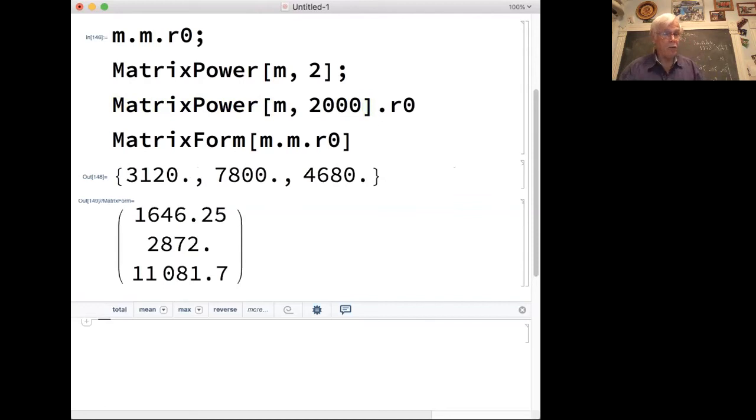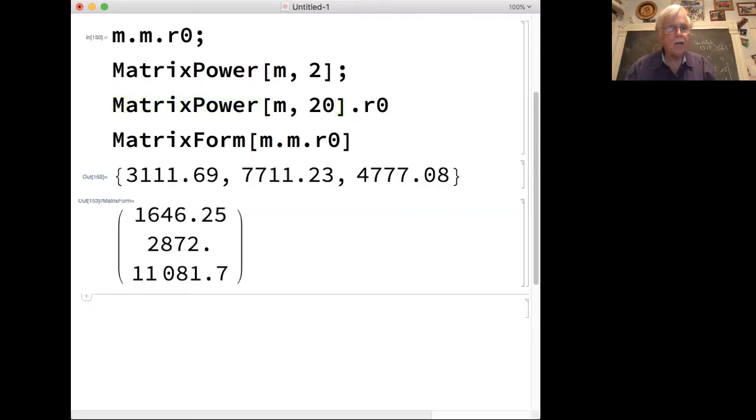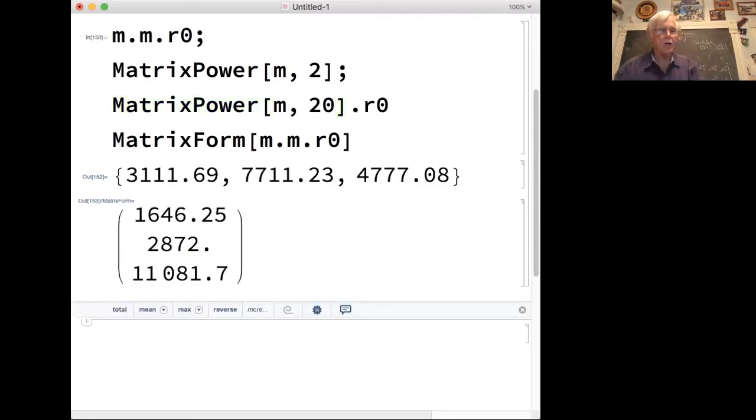And no change. So things stabilize. These probability matrices have the property that after a while, they stabilize and don't change. Now, by the 20th year, they hadn't stabilized yet. It's the 3,120 that stabilizes them.